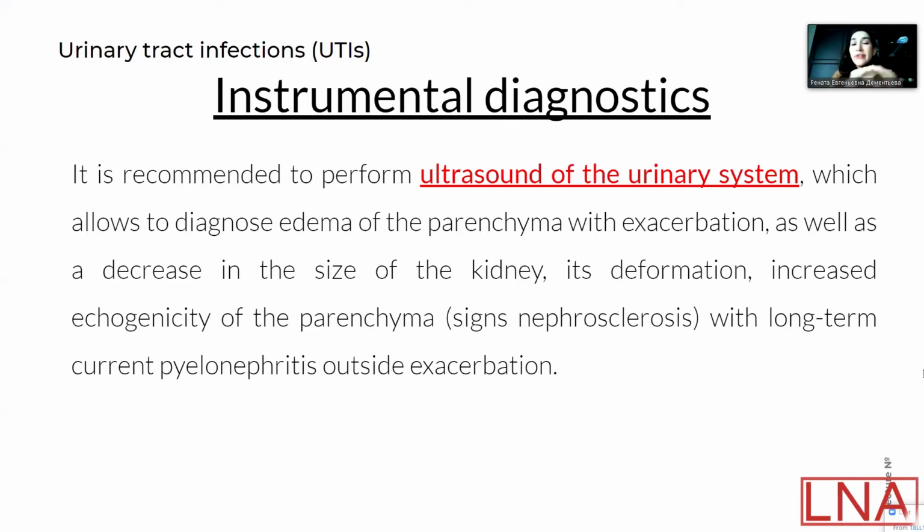So in the phase of exacerbation, there will be edema of the kidney on the affected side. But over time, in a patient with chronic pyelonephritis, you can diagnose a decrease in the normal size of the kidney on both sides or on the more affected side, and find the signs of nephrosclerosis.